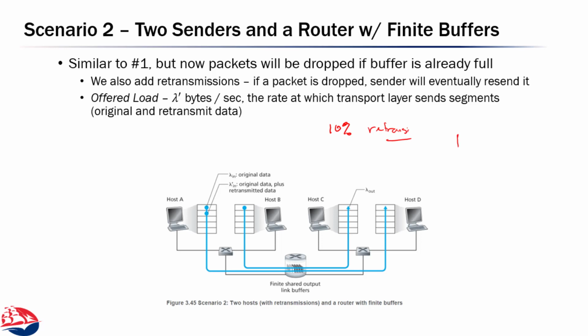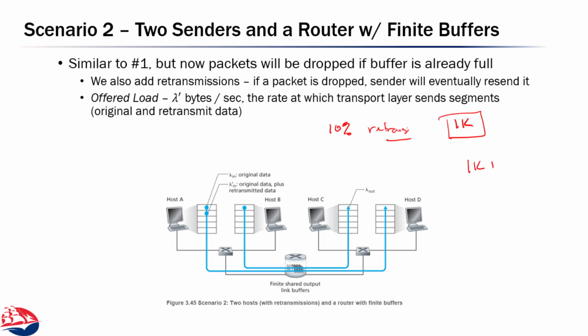Well, I'm going to end up sending 1.10 times my size of data. No, I take that back. Whoops. Got the math wrong. Let's say I'm sending 1K packets or segments. So I send out 1K segments, but then 10% of those also need to be sent again.